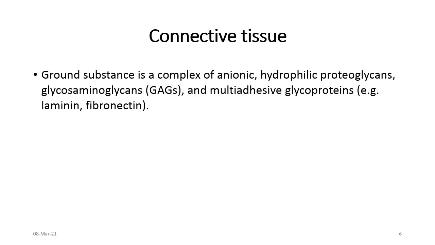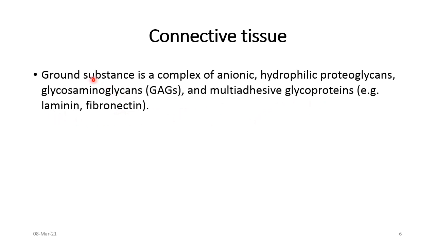Ground substance is a complex of anionic and hydrophilic proteoglycans, glycosaminoglycans, and multi-adhesive glycoproteins. Example, the laminin and fibronectin. This is an example for multi-adhesive glycoproteins.